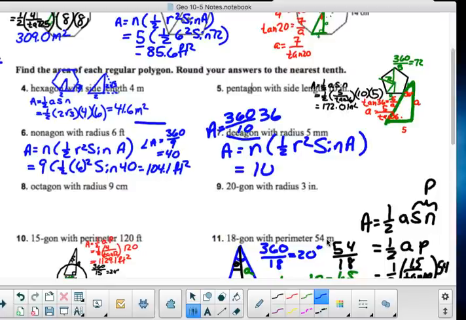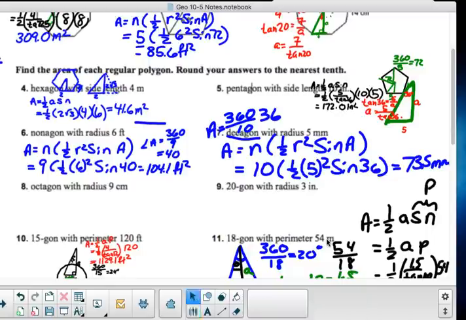So I'm going to take 10, 1/2, 5 squared, sine of 36, yes, I'm finding the sine of A. I pop that in my calculator, and I know it's 73.5 millimeters squared.